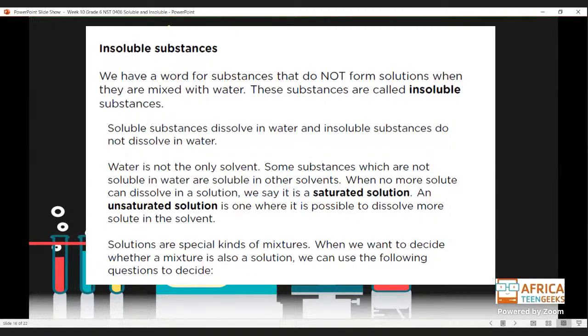it's a sedimentary rock. Did you learn about sedimentary rock? Have you learned about sedimentary rock? Okay, last year. So you learned about it last year.